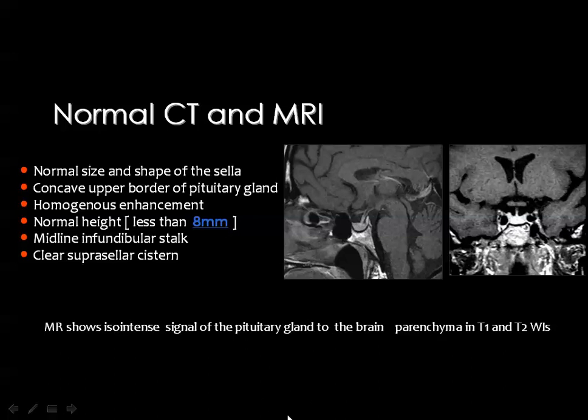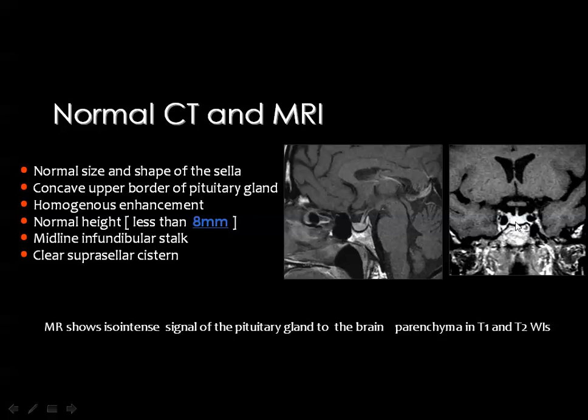Then whenever you inject contrast medium, you expect that the pituitary gland will show homogeneous contrast enhancement, so that you can not usually discriminate between the anterior and posterior pituitary. The normal height of the pituitary gland is usually less than 8 millimeter.